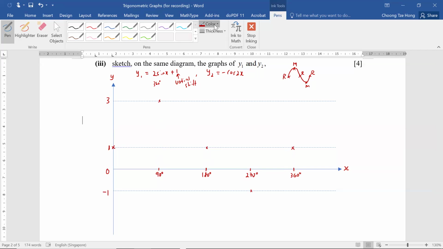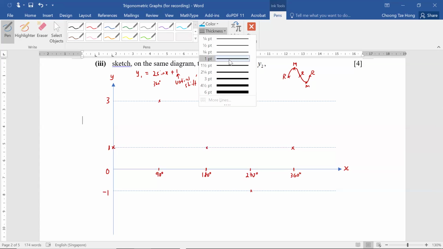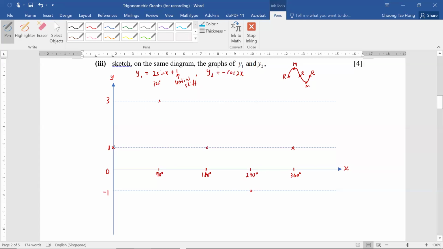I'm going to change the color of my pen before drawing the graph. Let's use blue. So let's draw. You can draw nicely on the paper; on this computer it is a bit hard to draw. So go here, and go here.